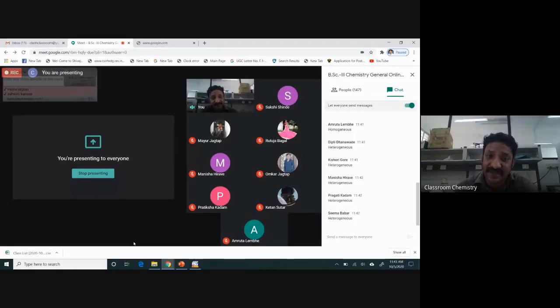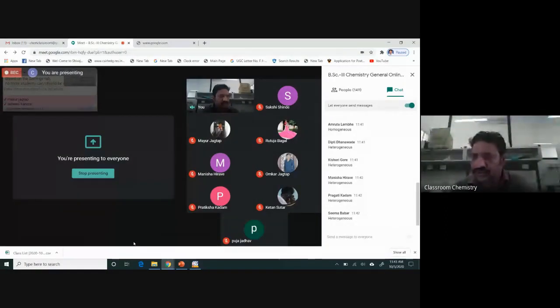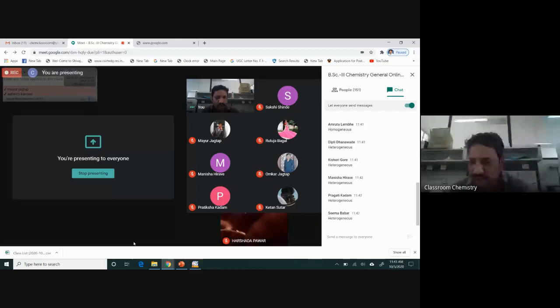If it is in the same state, then it is homogeneous. Whatever examples we saw: oxidation of carbon monoxide to carbon dioxide in presence of nitric acid, hydrolysis of urea by urease, hydrolysis of ester in presence of dilute HCl, inversion of cane sugar. So these are all examples of homogeneous catalyst. But in last lecture, we saw the manufacture of ammonia by Haber process, oxidation of sulfur dioxide to sulfur trioxide using platinum as a catalyst.